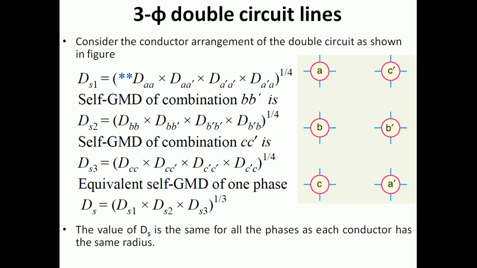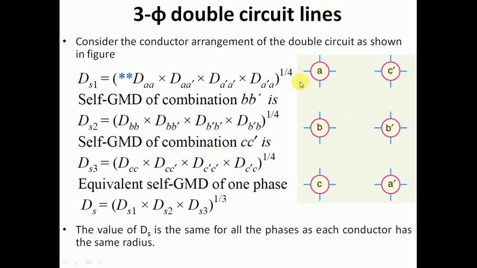Now let's calculate the self GMD and mutual GMD in this case, that is three-phase double circuit lines. The self GMD of phase A can be found by calculating the m squared root of the product of m square terms. In this particular case, the value of m is 2.